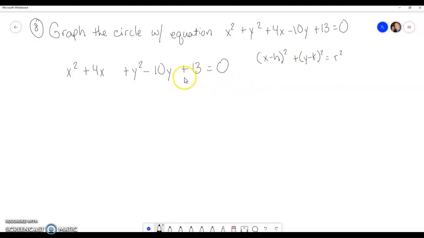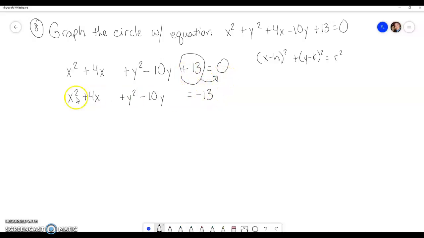So I'm going to first take this plus 13 and get it onto the other side. Now I have x squared plus 4x plus y squared minus 10y equals negative 13.